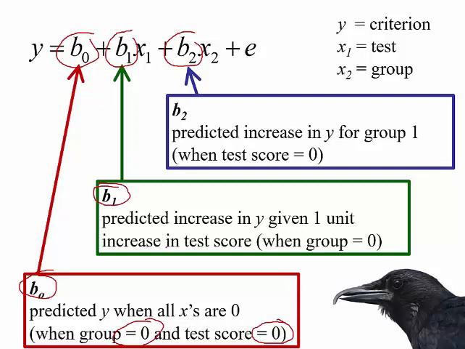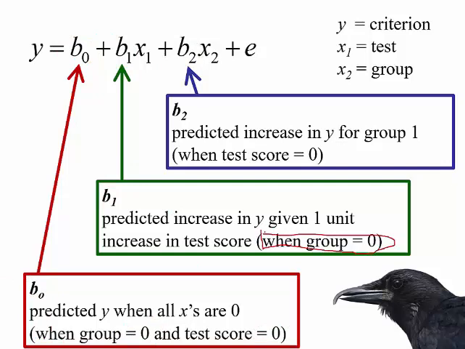Beta 1 is a predicted increase in y given a 1 unit increase in your test score. That's basically just your standard beta. And if we want to be technically accurate about what it is, it's actually giving us the slope specifically for group 0, because we can note that the beta gives us the effect of this x when all the other x's are 0.